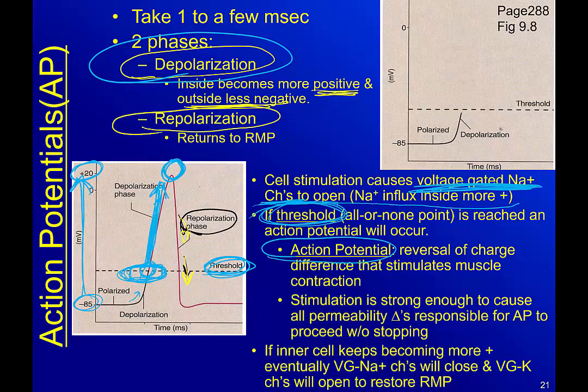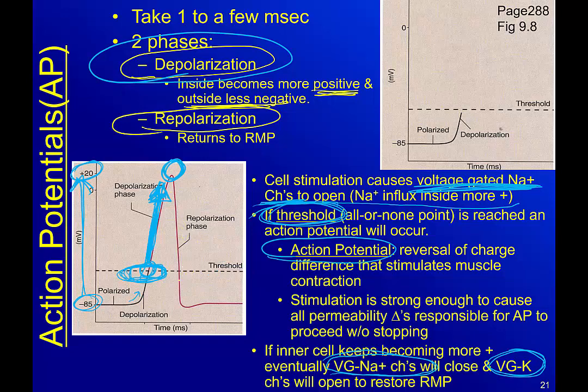so now that's gonna happen. Okay? So, if the inner cell keeps becoming more positive, eventually voltage-gated sodium channels are gonna close. Eventually, they kind of go, okay, we're done. And I'll show you how in just a minute, and voltage-gated potassium channels start to open to restore that resting membrane potential.